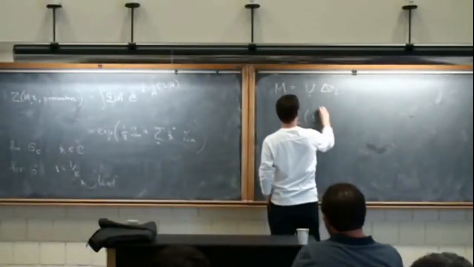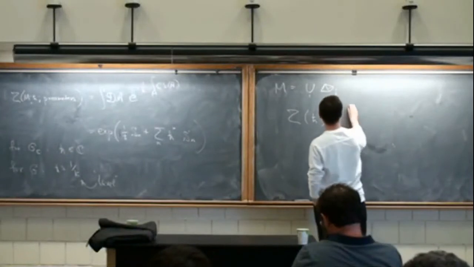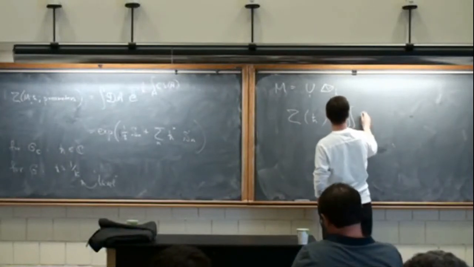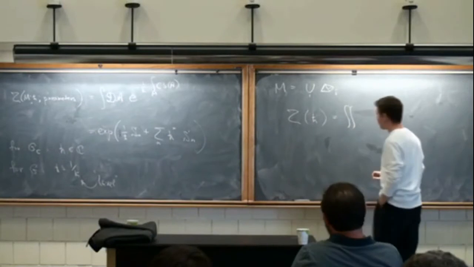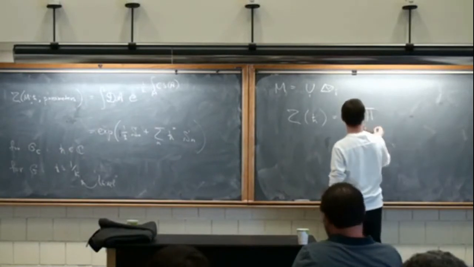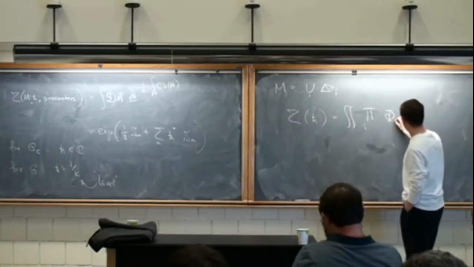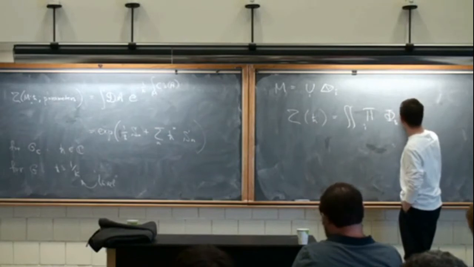And this z of h bar and M can be written as an integral over a product of quantum bilogarithm functions phi h bar.